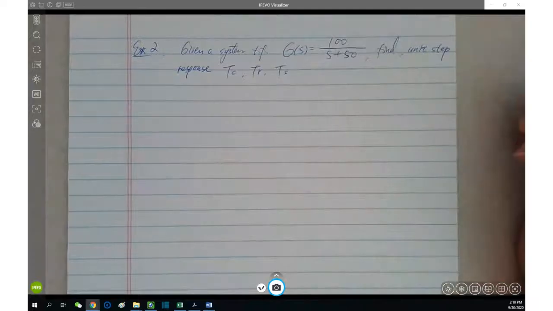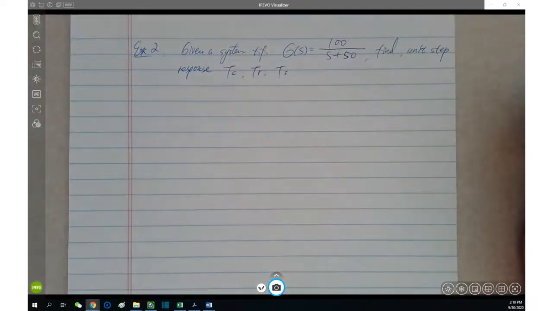Right. This is the other way around. You can tell, right? It says given the system transfer function, I'm looking for the three T's.